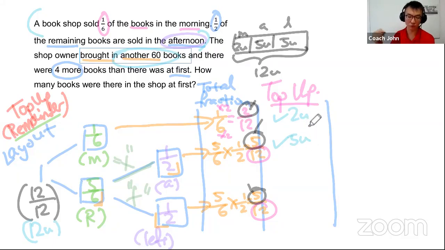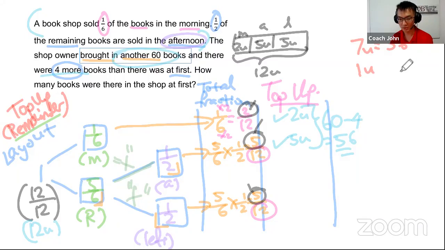To top up means to replace those that are sold, right? So is it really 60? Not true, because when you top up 2U as 5U, you have an extra 5 more books. So in fact, you just need 56 books to top up. What that means is 7U is actually 56.